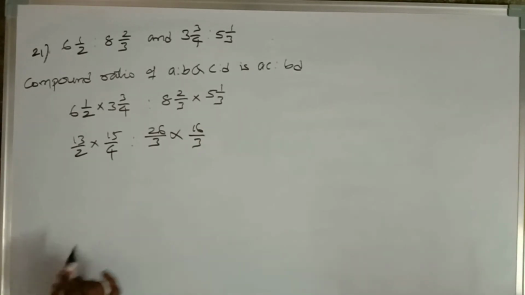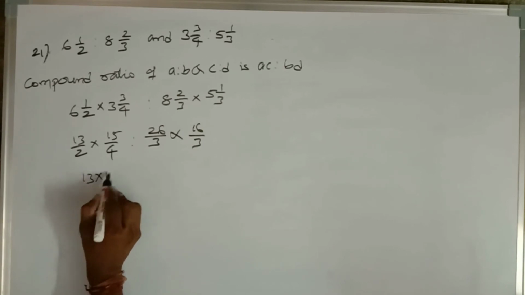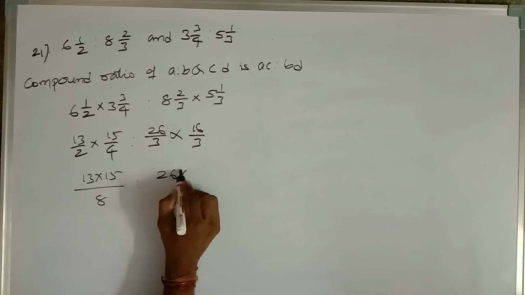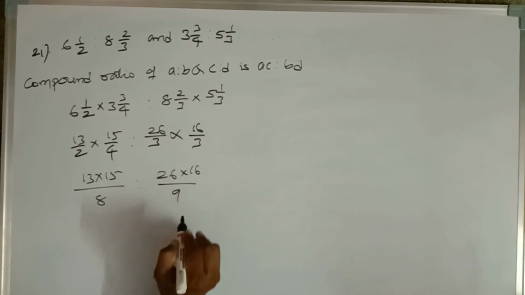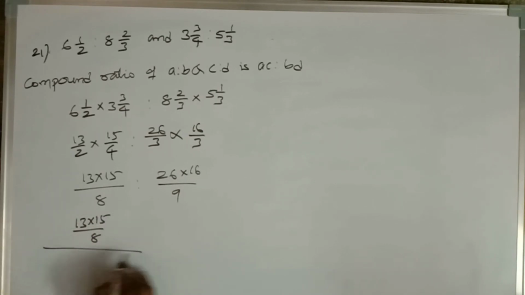No more cuttings. So 15 into 13, so 13 into 15/8 is to 26 into 16/9. Now I am changing it into fractions, that is 13 into 15/8 total divided by 26 into 16/9.